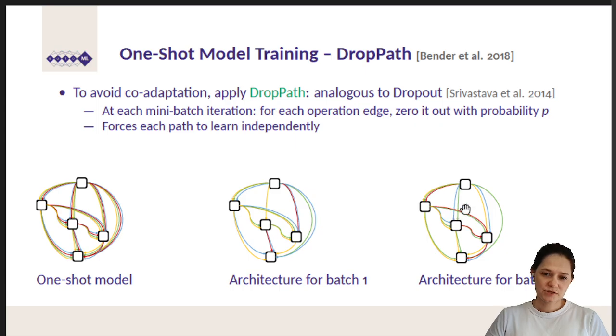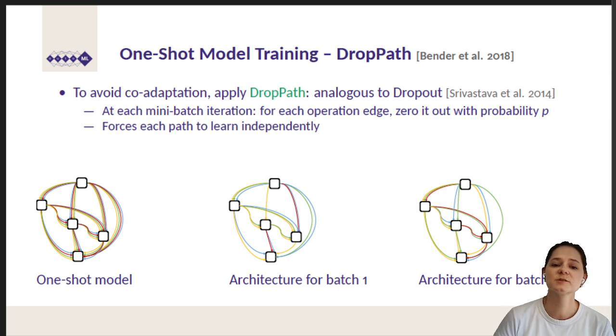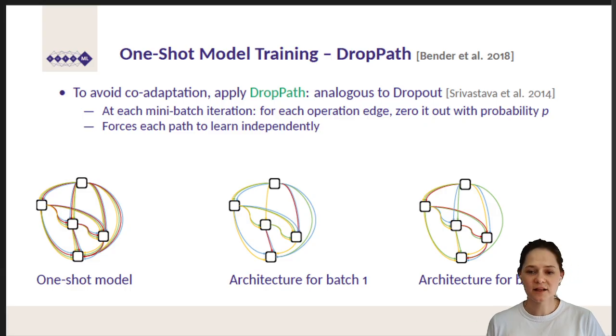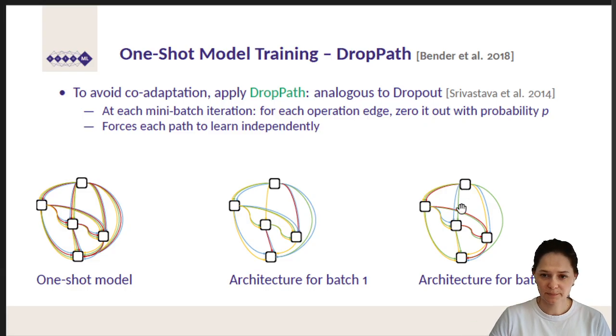At batch 2, we don't have the yellow one anymore, we have a green and the blue one. So therefore, the overall idea is to overcome the interdependencies between these operations at each position, and therefore focusing on this operation being able to learn by itself without being codependent on these two other operations as well.